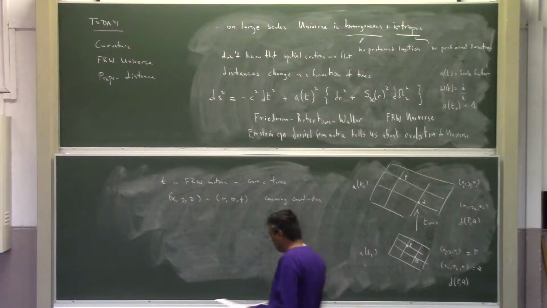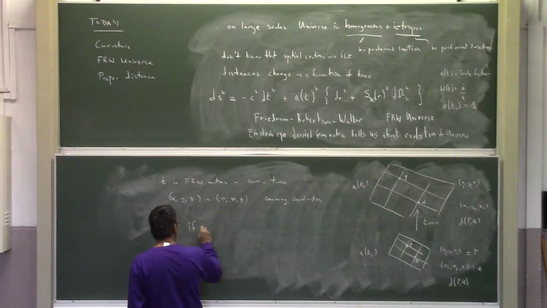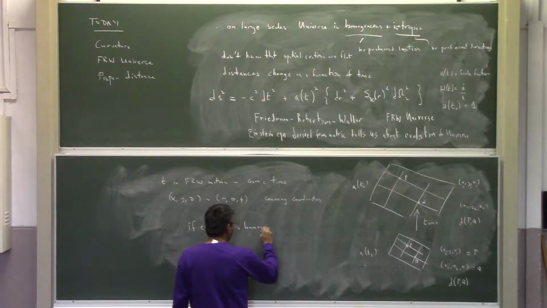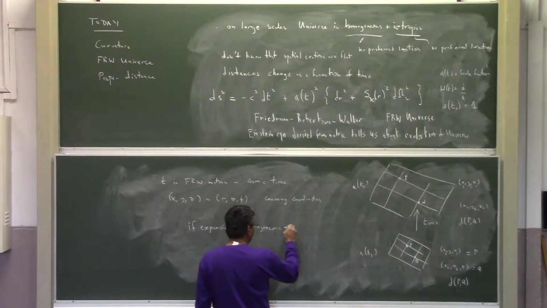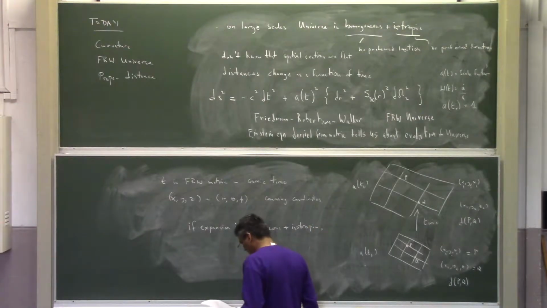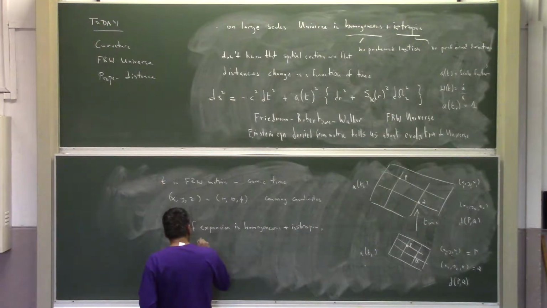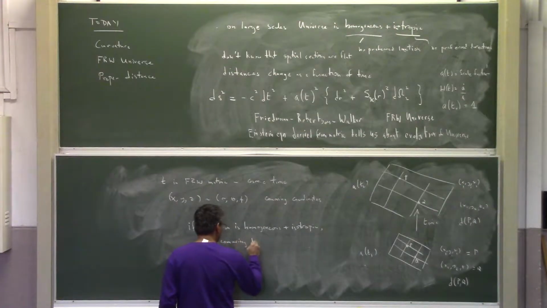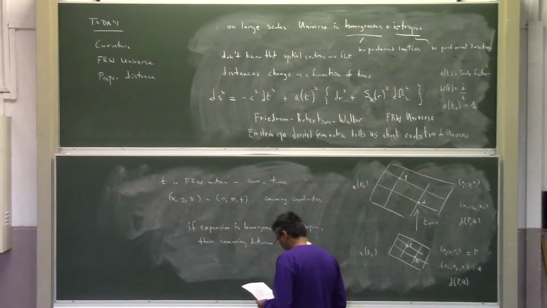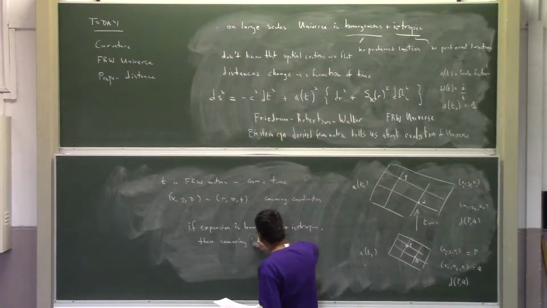So, if the expansion is homogeneous and isotropic, then the comoving distance, or the comoving coordinates of a point, stay the same.